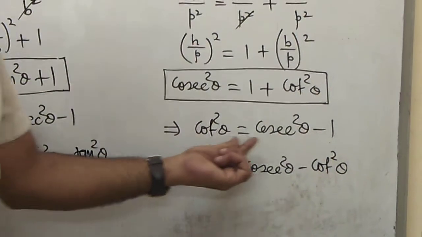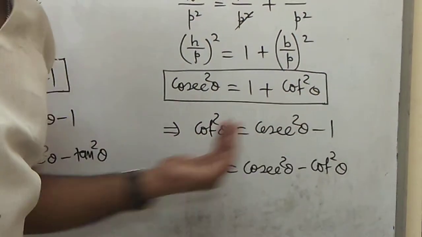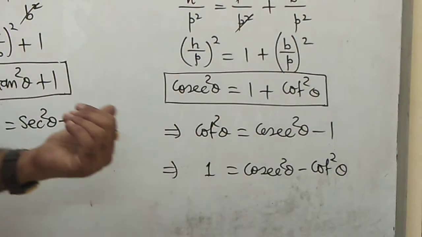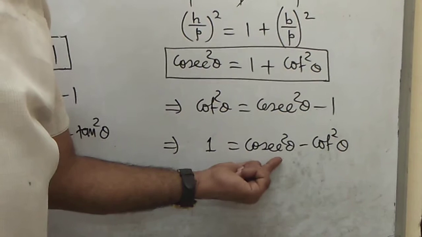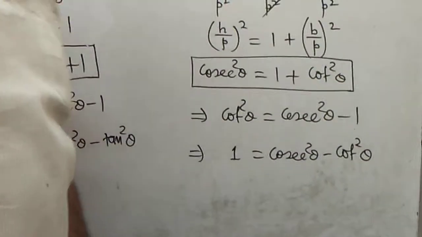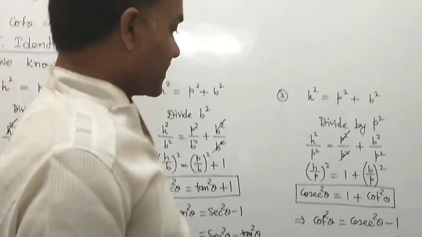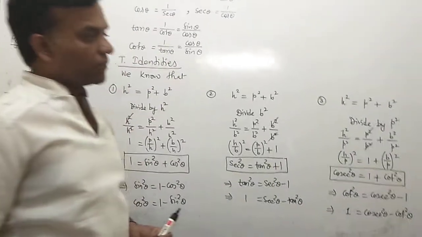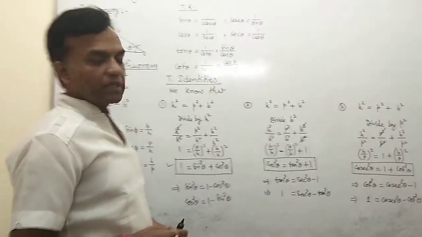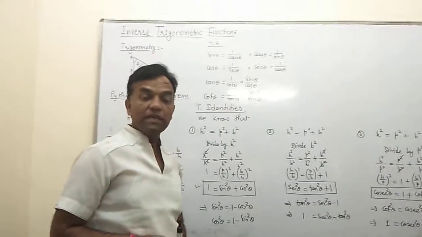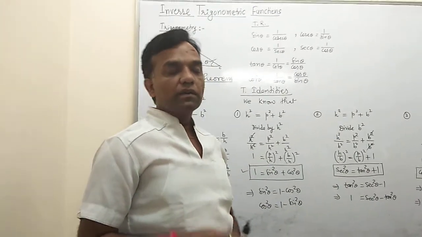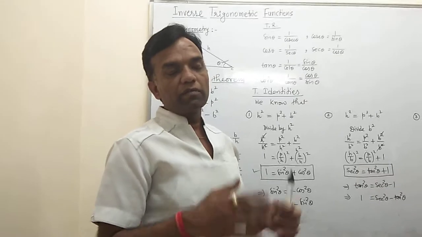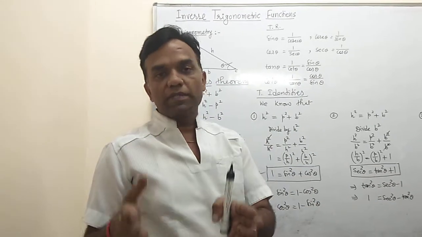So cot square theta equal to cosec square theta minus 1, because this is the adjustment of the right hand side and left hand side. You get another form: 1 equal to cosec square theta minus cot square theta. So there are three identities we formed with the help of the Pythagoras theorem. This is an easy concept, not for revision, because some students learn by rote like 1 equal to sin square theta plus cos square theta.